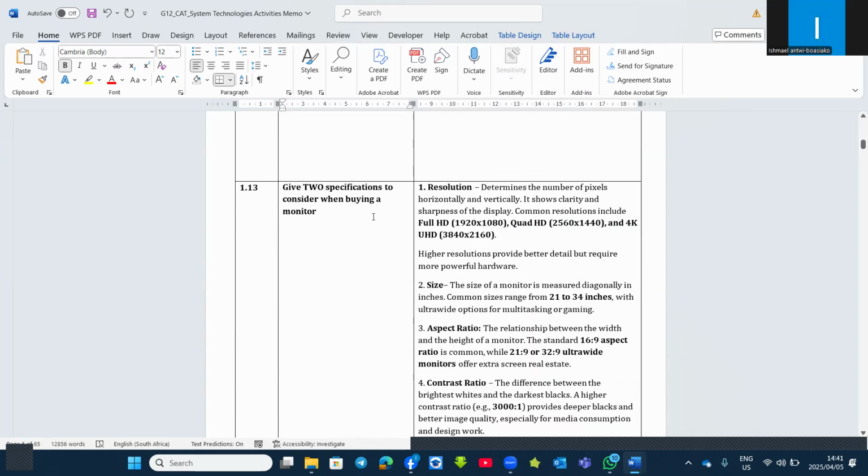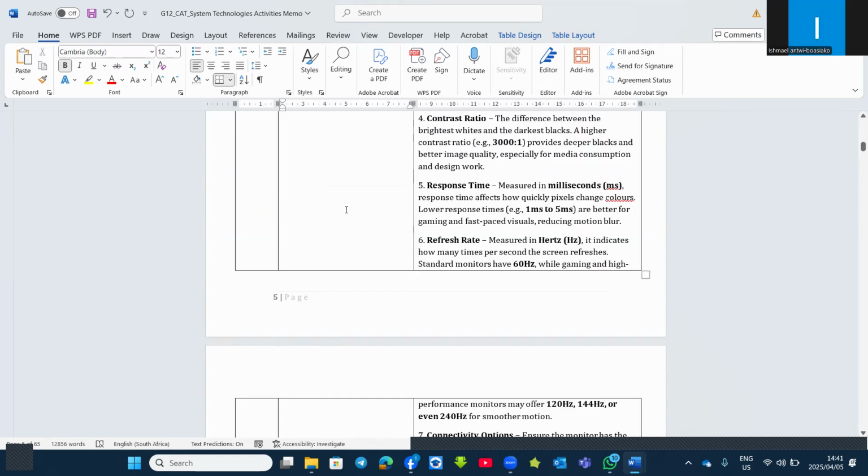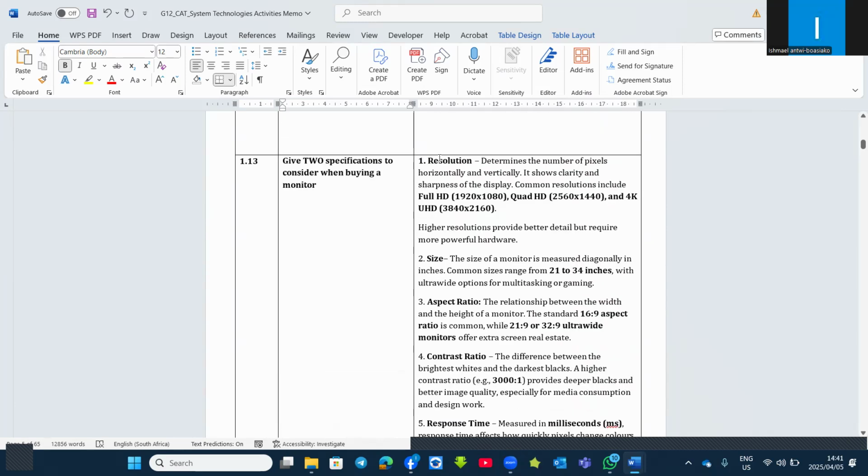Now, 1.13, give 2 specifications to consider when buying a monitor. What are the specifications that one is to consider when purchasing a monitor? First one is the resolution. We have talked about it, the number of pixels. The higher the number of pixels, the better the quality. We also talk about the size. The size is also to be considered when you are buying a monitor. The bigger the size, the better the viewing of the images.